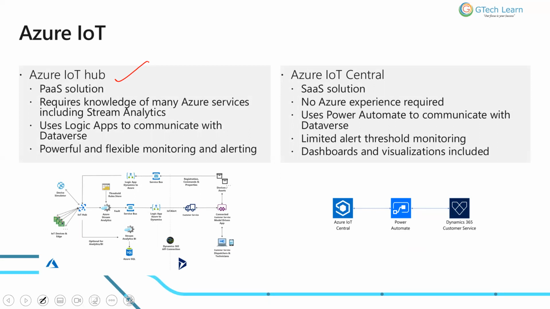So this is the first thing. You can also utilize this one to send out defect alerts to the Dynamics environment, based on which the work orders need to be created.